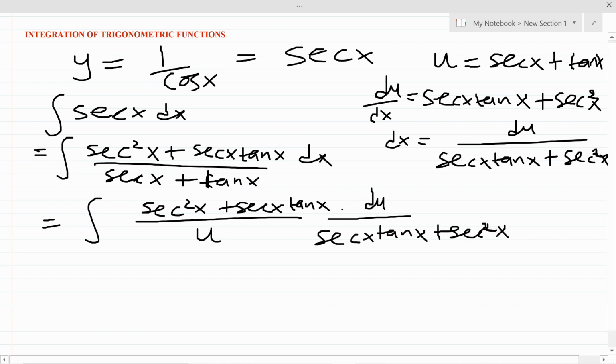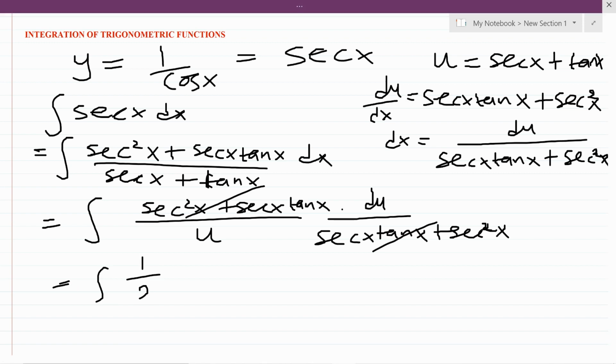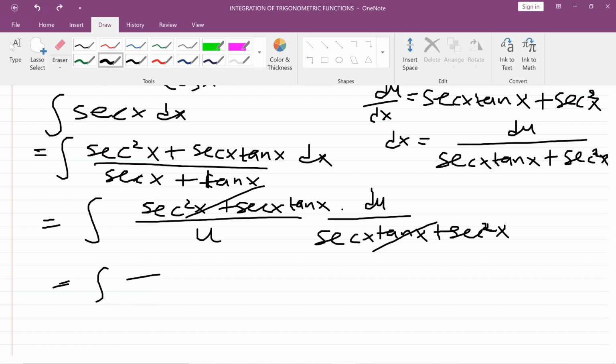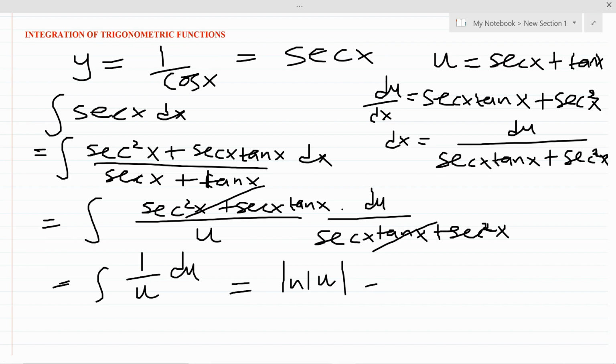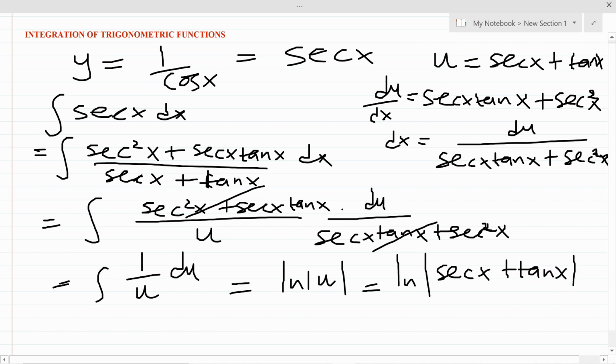So the whole of this can take this top out, and we'll be left with the integral of 1 over u du, and this will be equal to ln of u. And what is our u? u is sec x plus tan x, plus c.